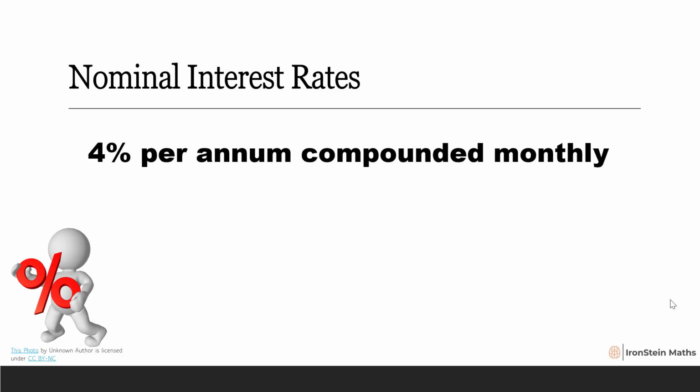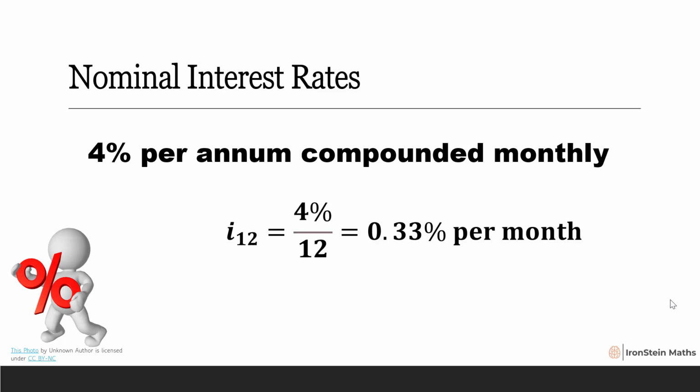When a nominal interest rate is quoted, the symbol for the interest rate can be written with a subscript, which indicates the number of times per annum that the interest is compounded. So in this example, we have i subscript 12, because the interest is being compounded 12 times per annum. So we take 4% and we divide it by 12, and we have 0.33% per month.